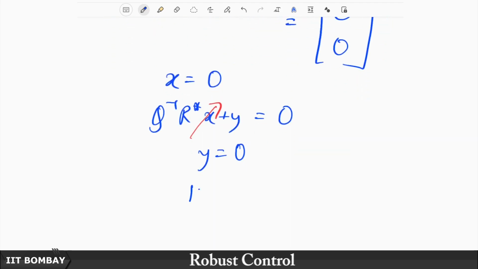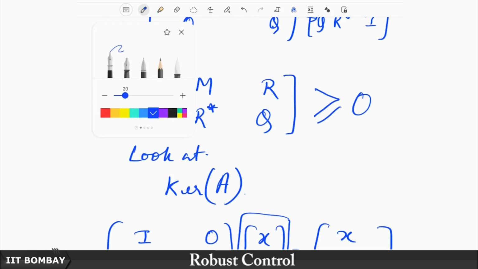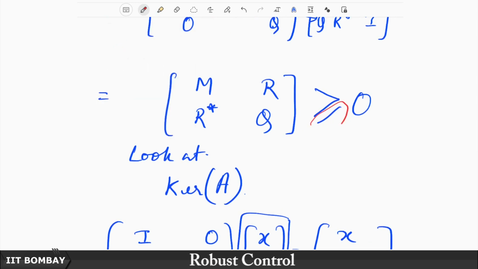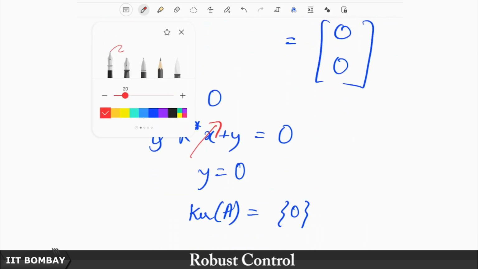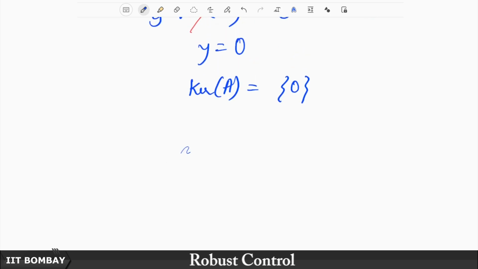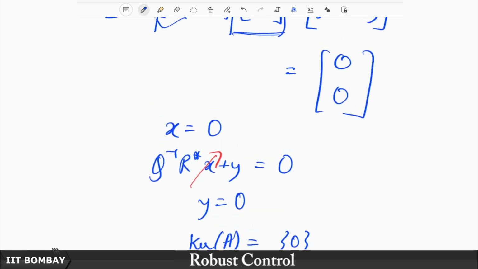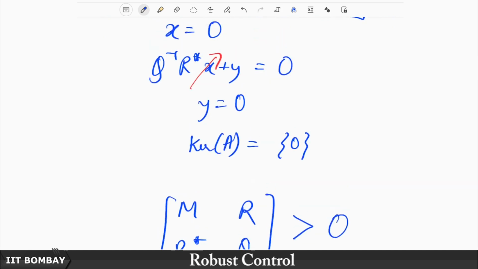Therefore, the kernel of A is basically the trivial vector space, and therefore, I might as well drop this, and I might actually say that this is tantamount to saying that the matrix M, R star, R, Q is actually positive definite.